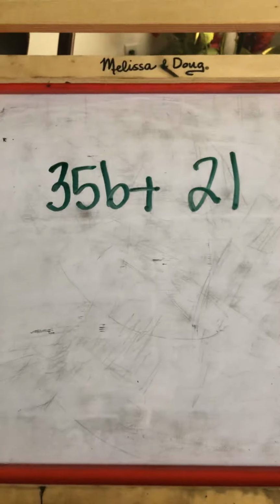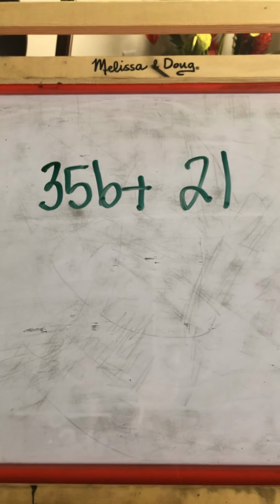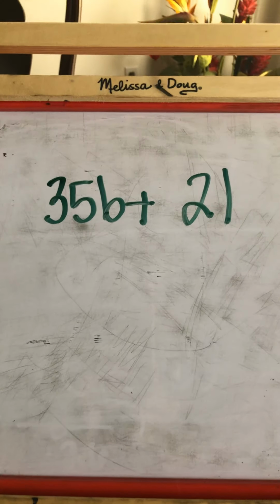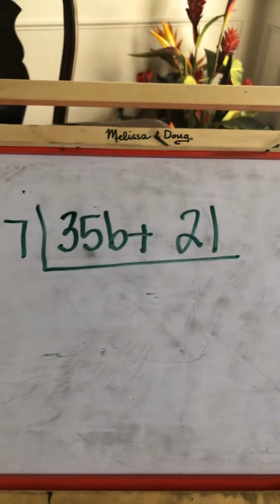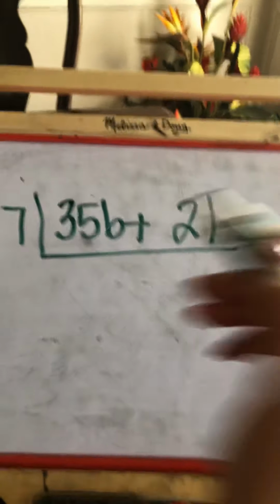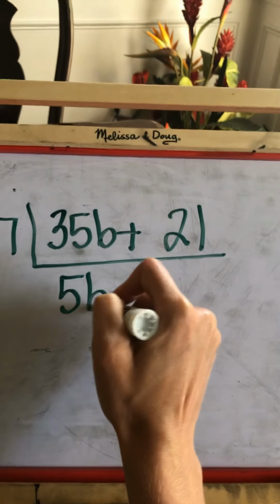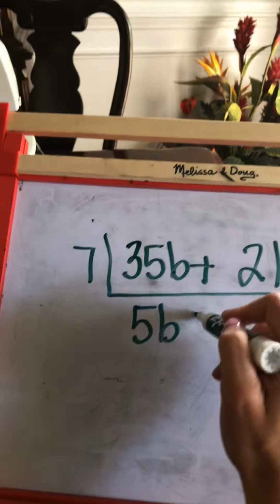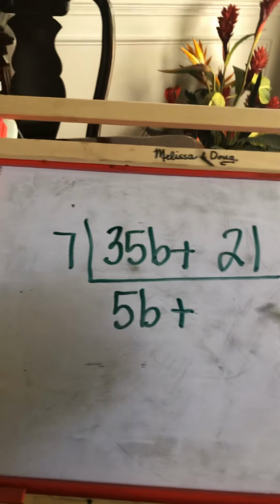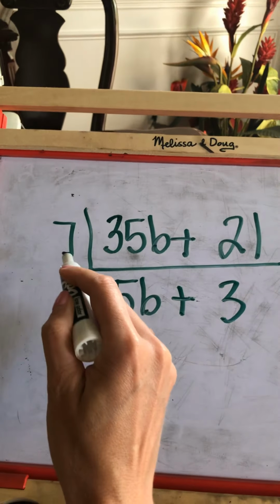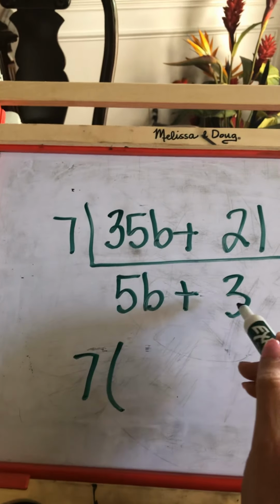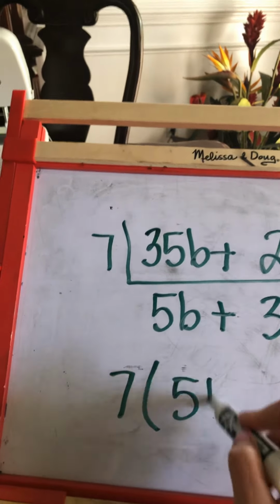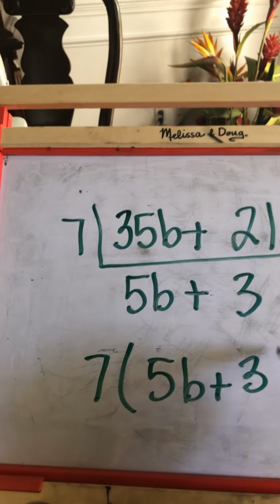Okay, so I'm thinking of a factor that 35 and 21 have in common. Again, it is 7. So 7 goes into 35 5 times. I'm going to drop that B down with it. Plus, and then 7 goes into 21 3 times. So again, my outside number is 7. And then what's left under here, 5B plus 3.